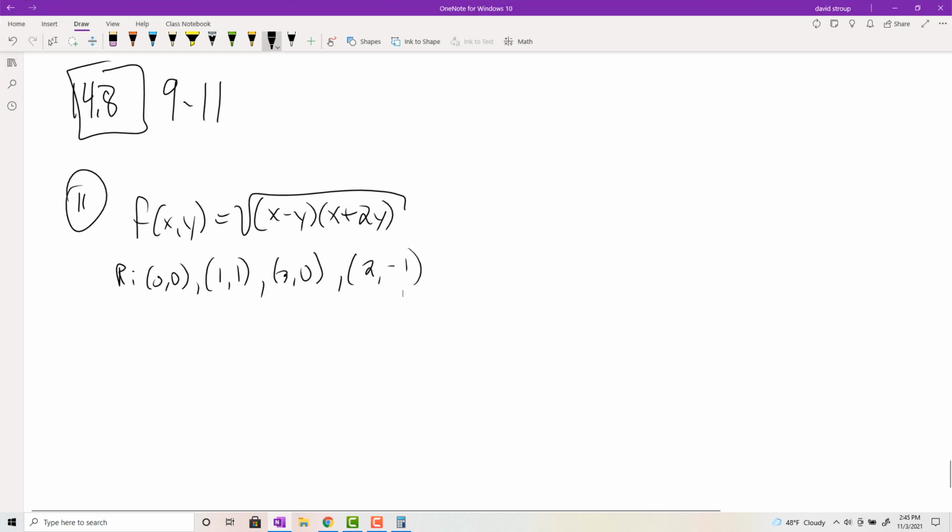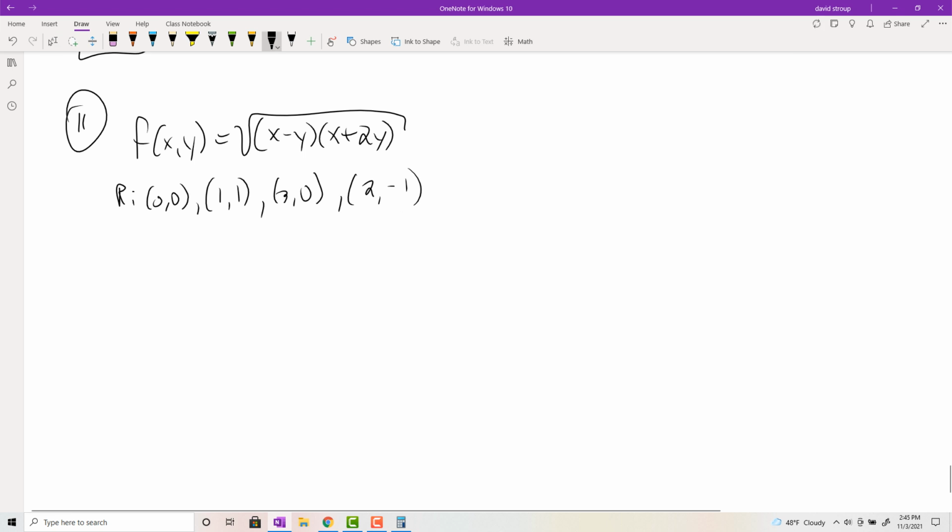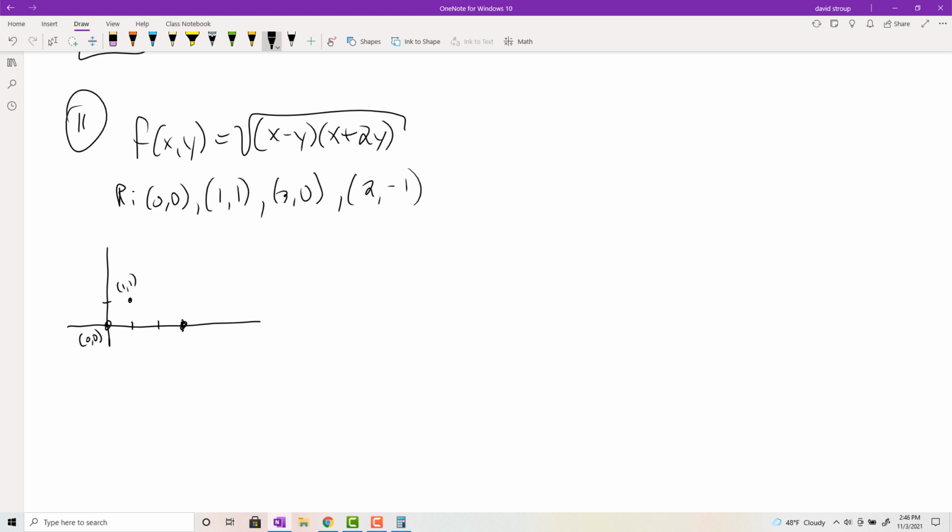Okay. So I'm going to go ahead and get my kind of picture and then my equations. So 0, 0, 1, 1, 3, 0, 2, negative 1.